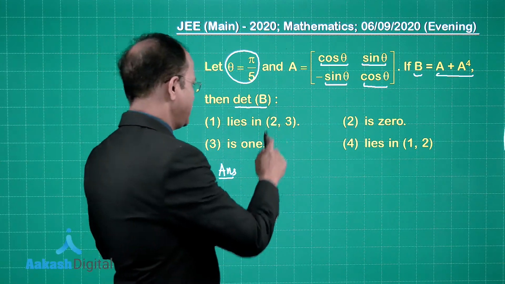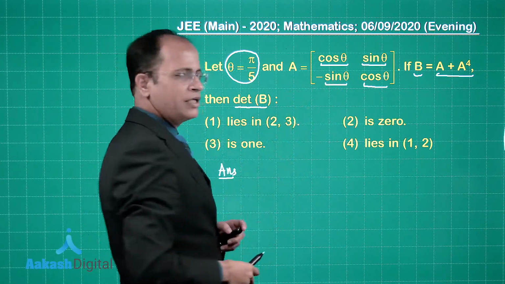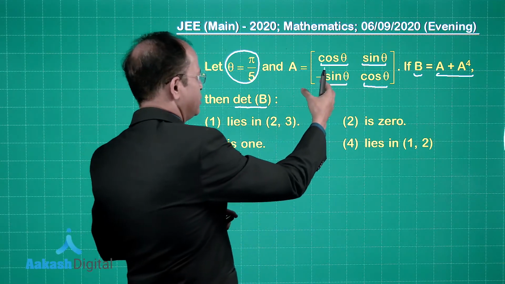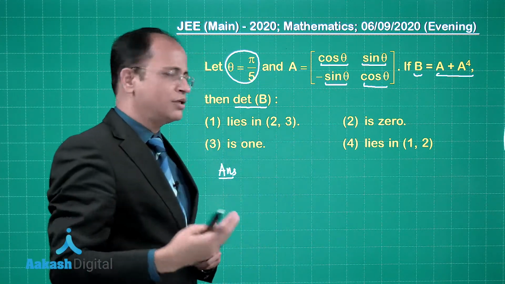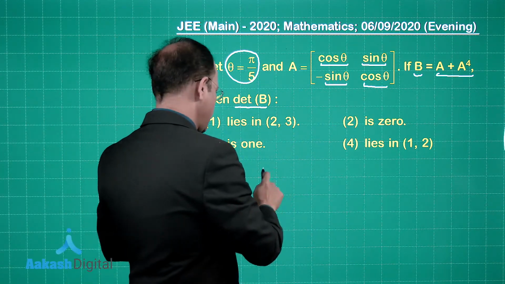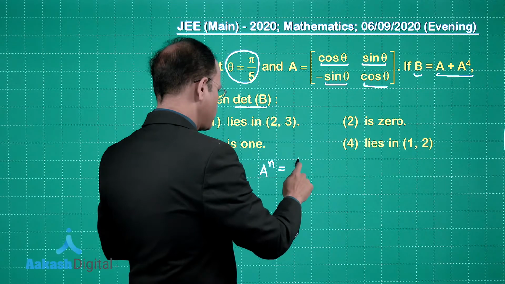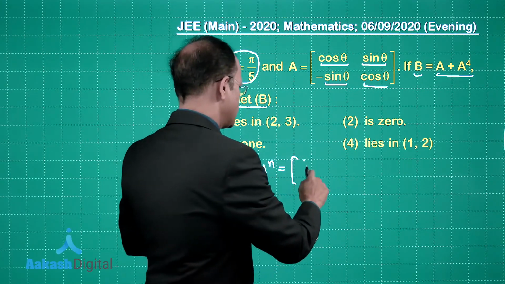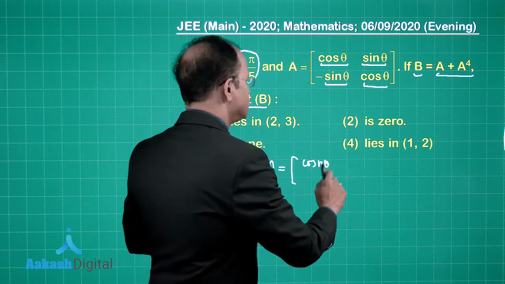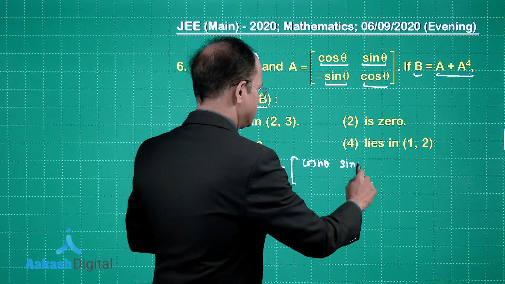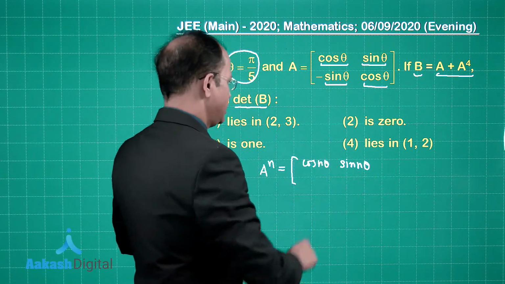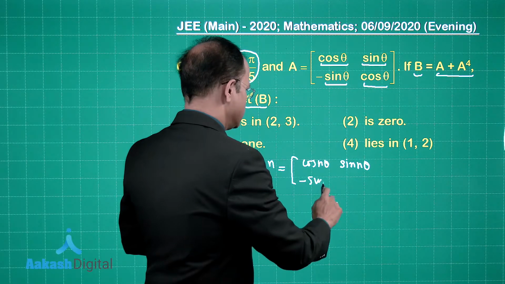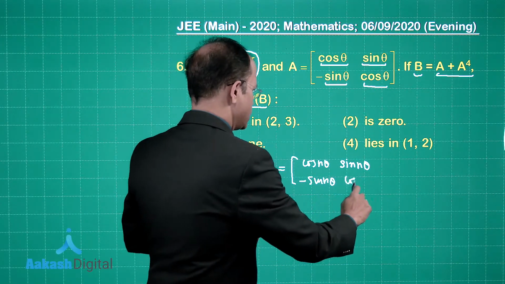you have been given A. So the interesting part is, you might have gone through it in the school level discussion. A to the power n is always going to be cos n theta, sin n theta, minus sin n theta and cos n theta.